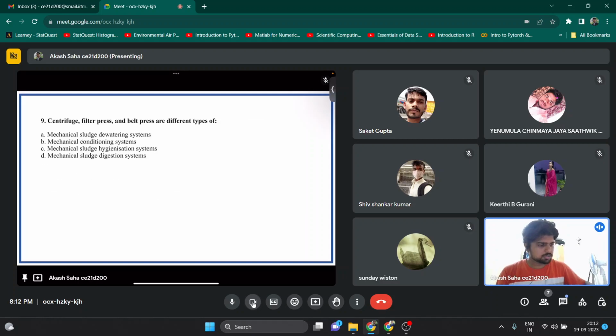Okay. Next question. Centrifuge, filter press, and belt press are different types of dewatering system, conditioning system, hygienizing system, or digestion system. So, what are these systems?